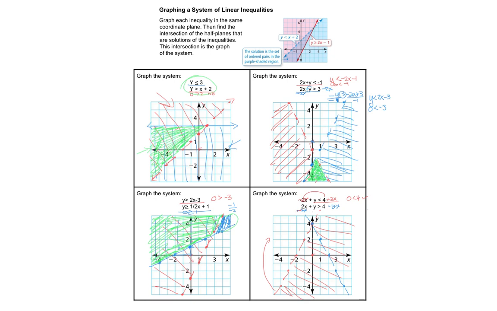Hold on, I just noticed that key was wrong. Okay, so 0 greater than 4, that's false. So this would be false, so everything's shaded over here. So this was going to be a little bit different.